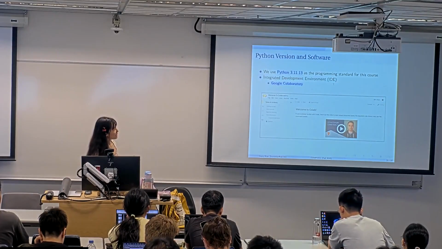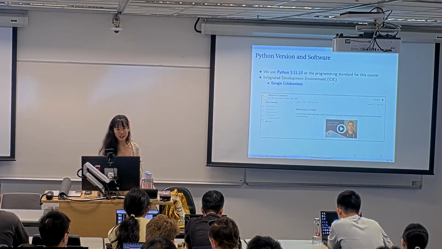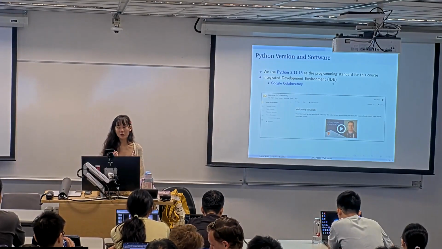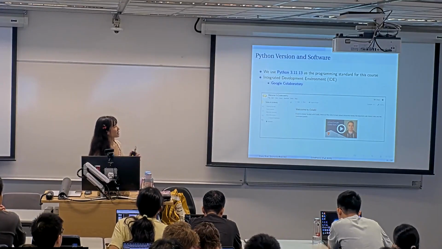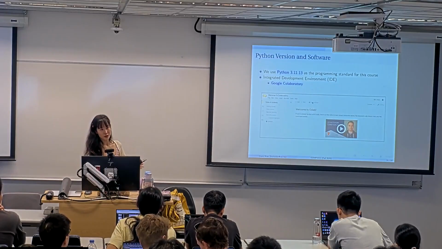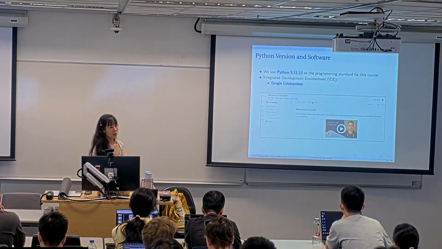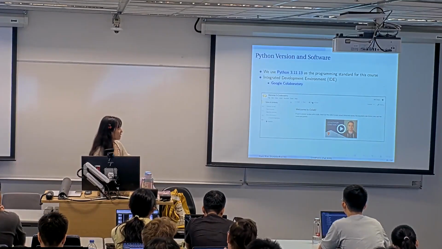To use Google Colab, the first reason is that later on, when the TAs release the lab materials and the PA materials, they will all use a Jupyter Notebook. And Google Colab can directly open the Jupyter Notebook. So you can directly use Google Colab to see all the lab materials and to do your own coding.